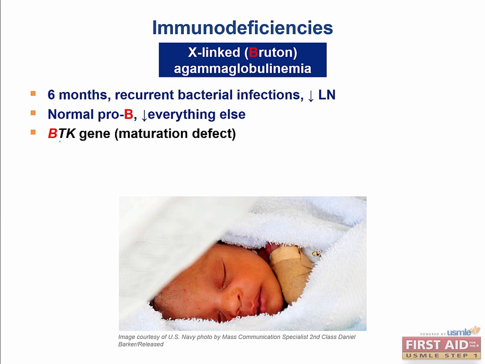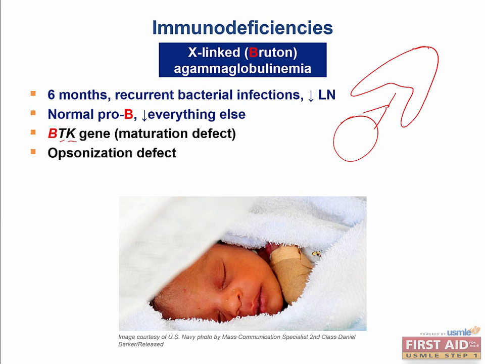Now, TK stands for tyrosine kinase, because that is what is defective and what prevents B cells from maturing into fully functioning plasma cells that can release antibodies. And without antibodies, you have no opsonization. Recall that opsonization assists macrophages in latching onto bacteria and phagocytosing them. So without that capability, you will have massive invasion of bacteria and recurrent bacterial infections, as we just noted.